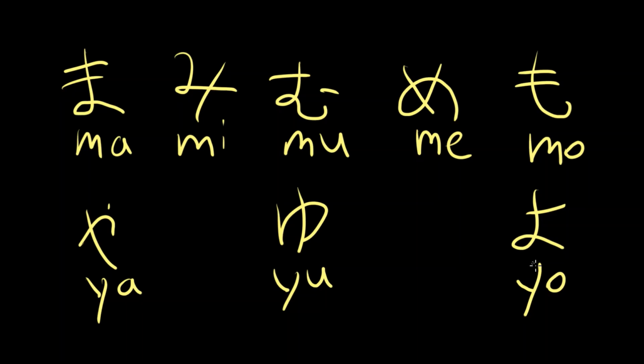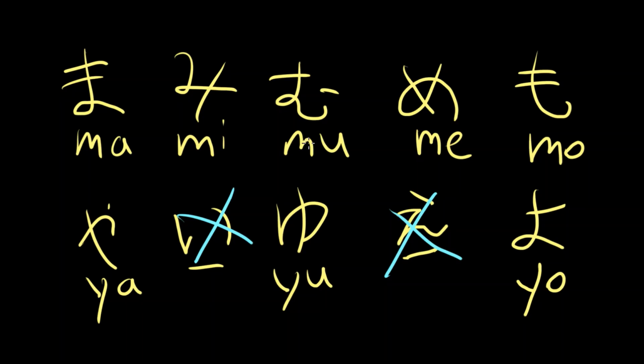Just remember there is no yi and ye. Traditionally there was, but I think they've just basically replaced it. In their language, they just use the i and e sounds from the first row. So you don't need to worry about them.